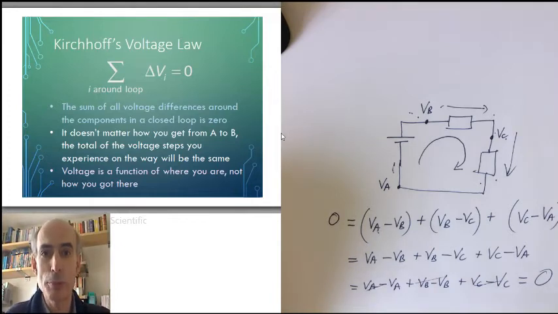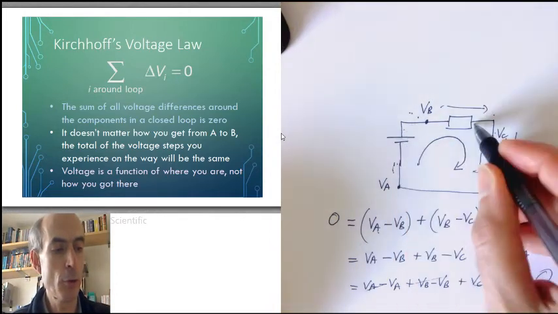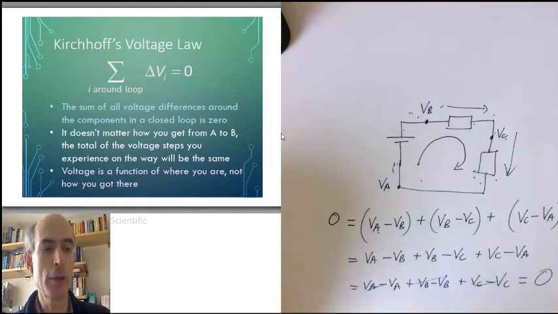And that is pretty much all Kirchhoff's voltage law says. The voltage drops across components around a closed loop like this. If you add them all up, you must get 0.